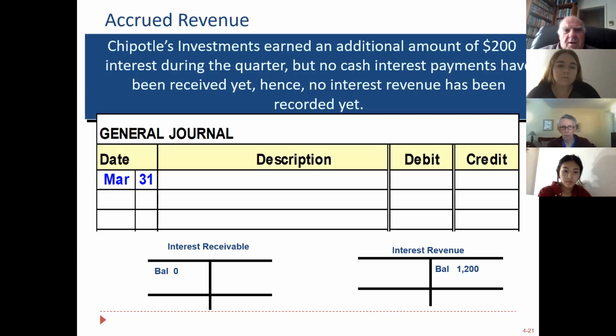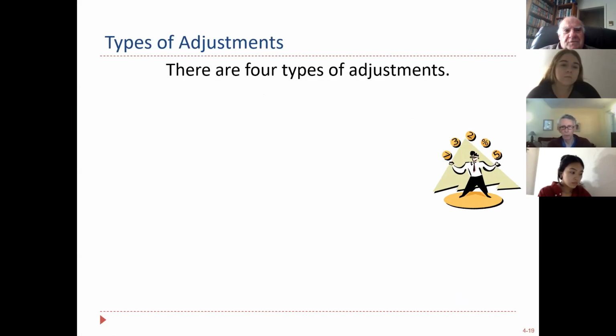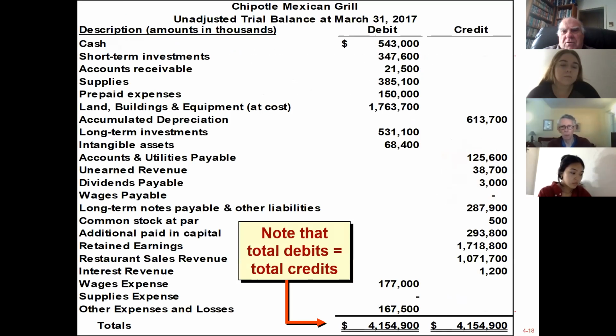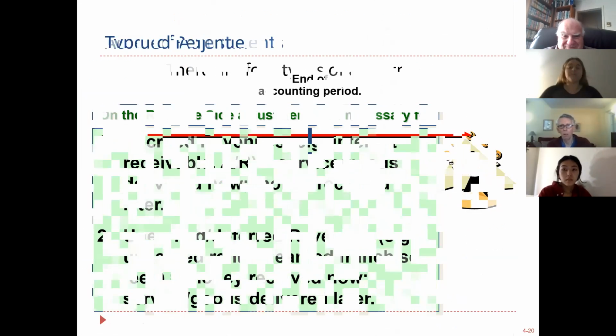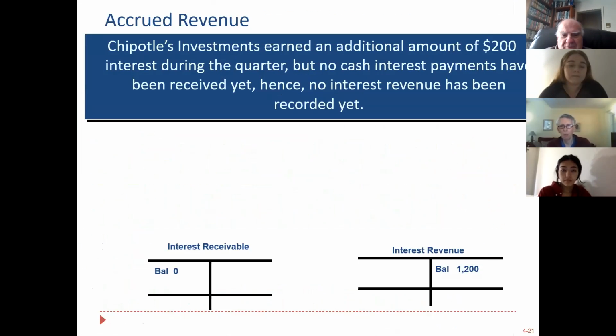If I may, with a little smile on my face, go back up here briefly. Chipotle has $543 million in cash, right? That's what that is with the 3 zeros. And they only earn $200 of interest. Anyway, that always makes me chuckle. Not a very good investment, whatever it was. So here we go.